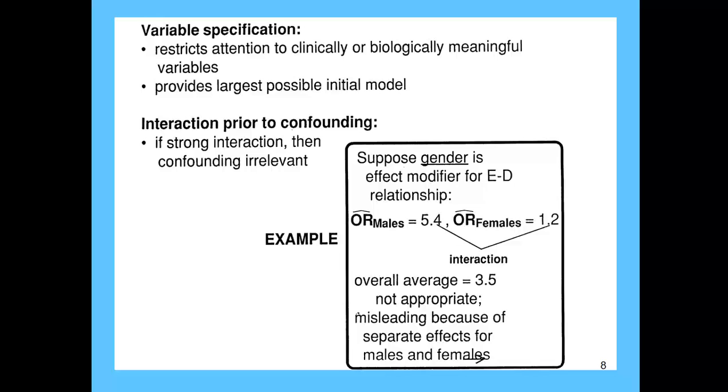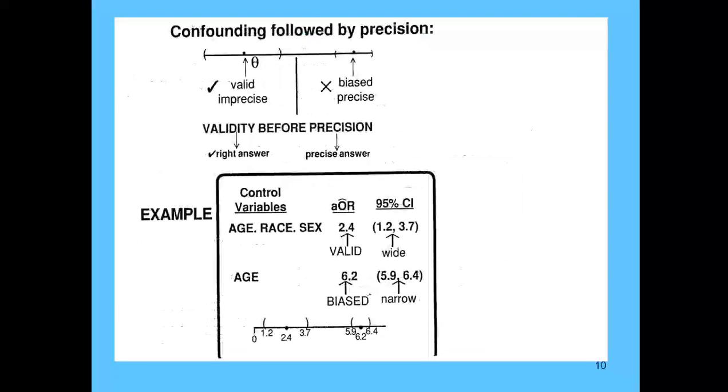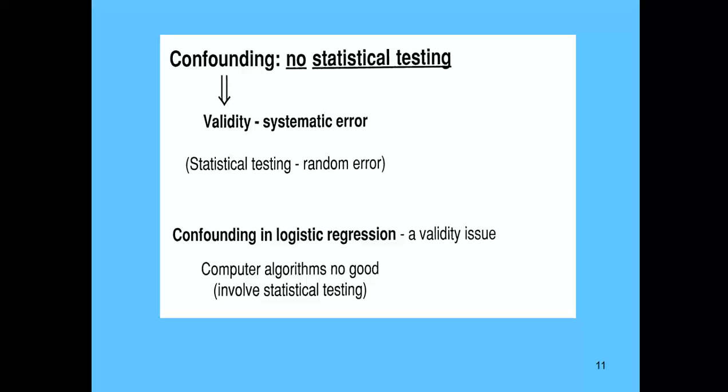Okay, so now with all of this, I also said interaction may not be of interest. Now the last thing I said before we quit is that if you're going to assess confounding, we're going to talk about how to do this. You don't want to do a statistical test to assess confounding, because confounding has to do with validity. It has to do with systematic error. So you don't do a statistical test.